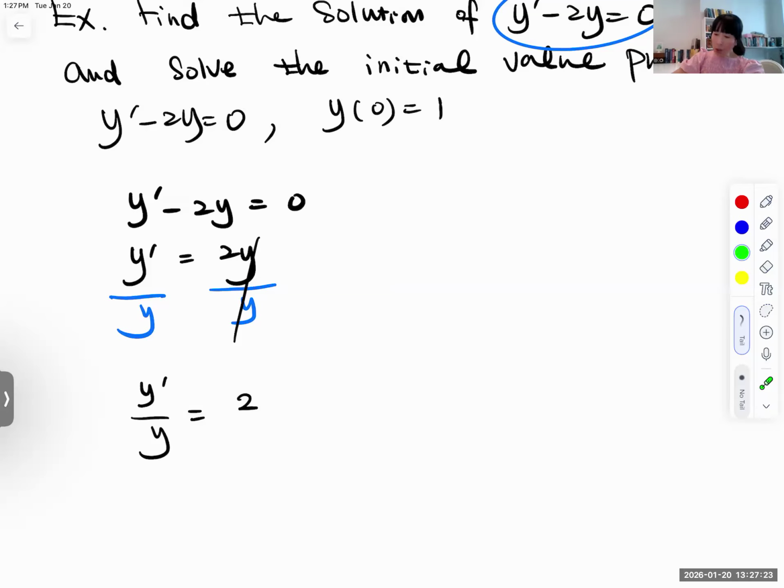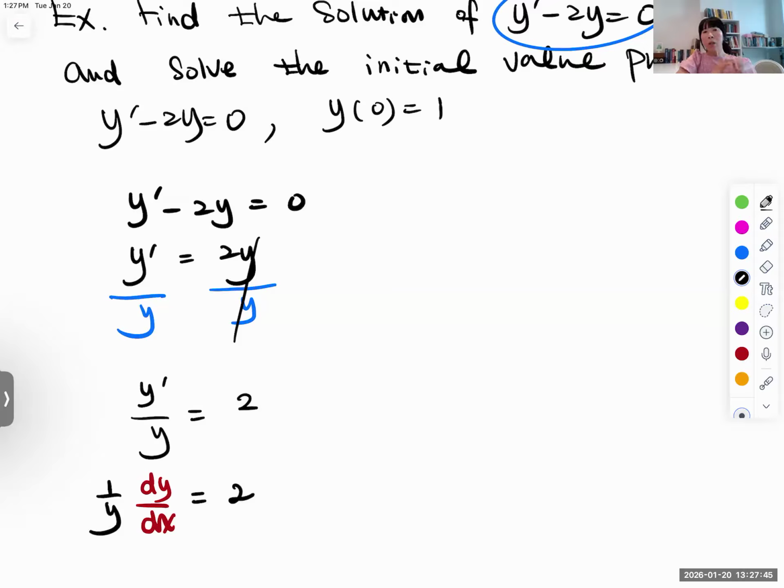All right. So on the left side, we have y prime, which is dy over dx. We can make that form, and then I want to leave 1 over y, right? 1 over y dy over dx equal to 2.